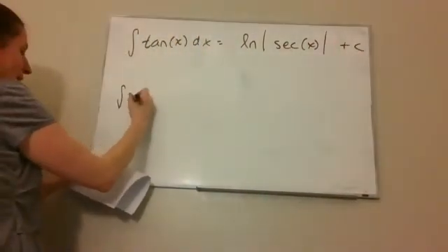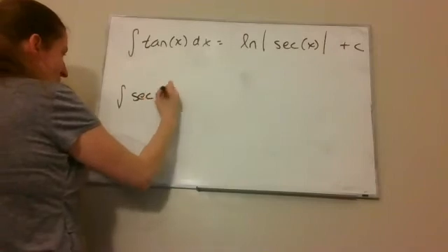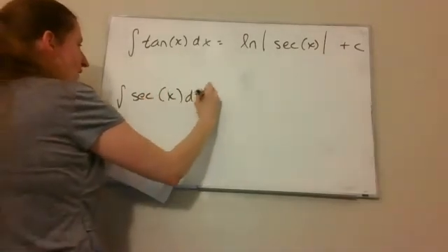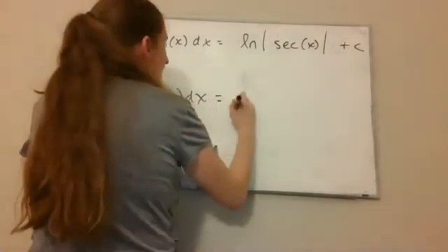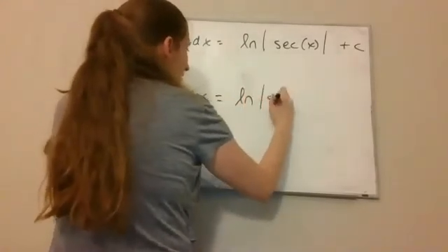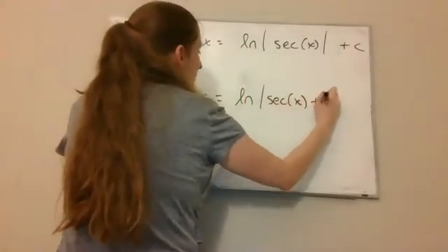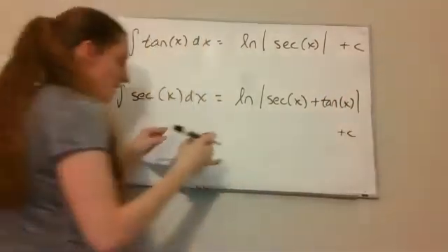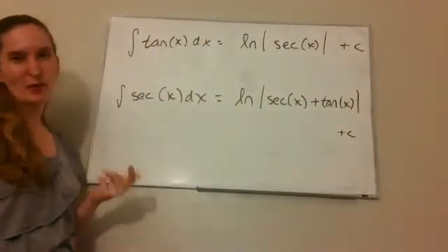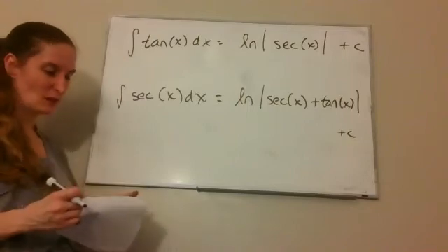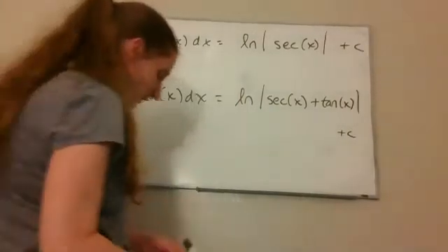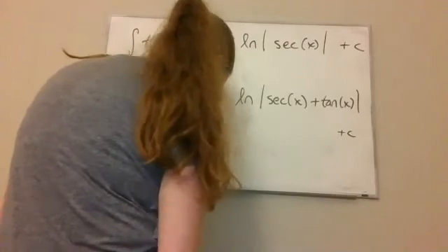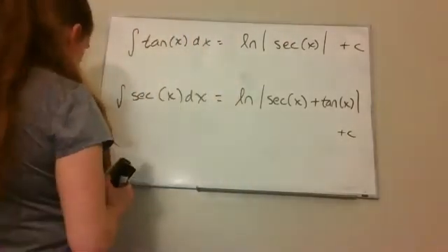And another formula that you might not know is that the integral of just secant is the natural log of the absolute value of secant plus tangent, plus c. These 2 formulas come up quite a bit in these problems, so it's good to just memorize them. And we're going to actually do one example where we use each of these.